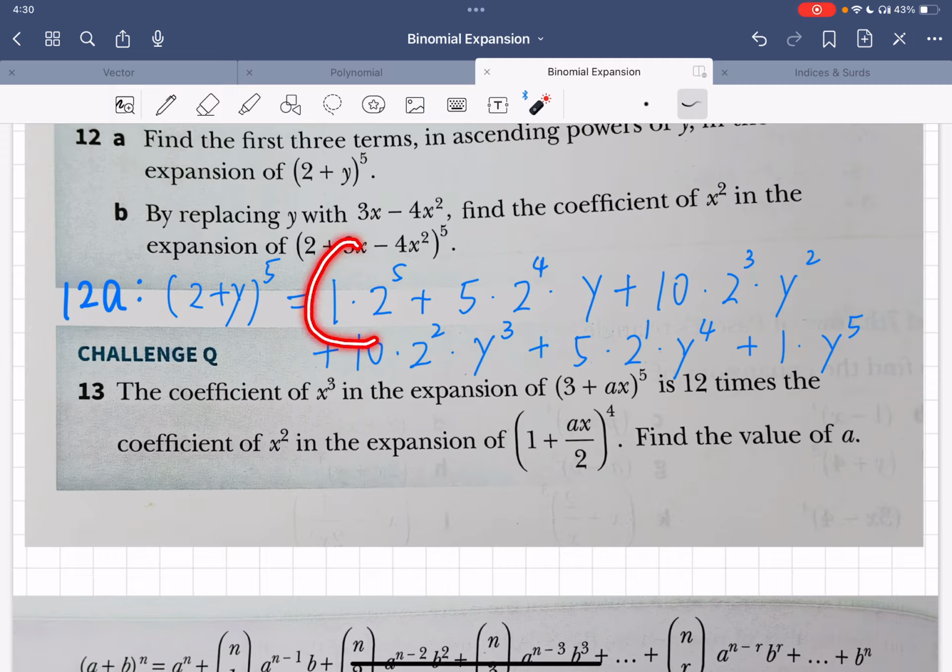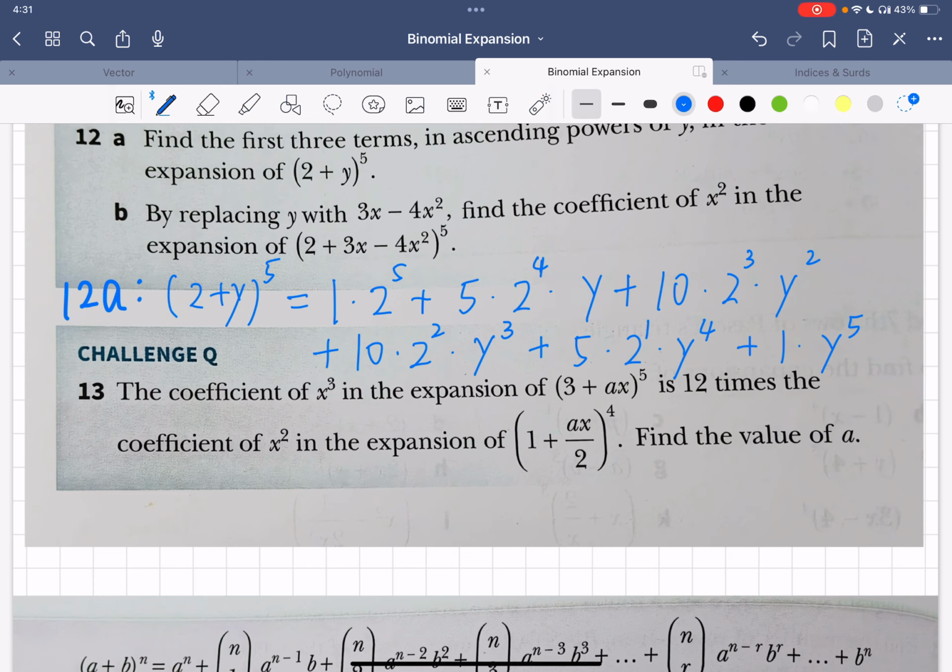So right here, it's power 5 equal to this one, and right here, even though the power for 2 is in a descending trend, we've got y here.